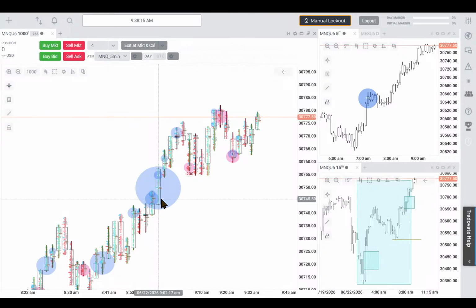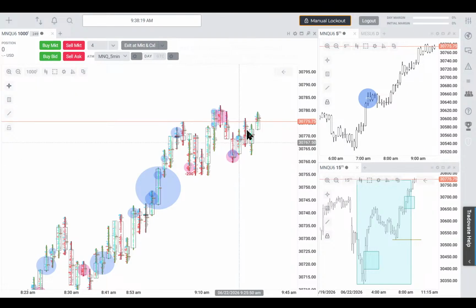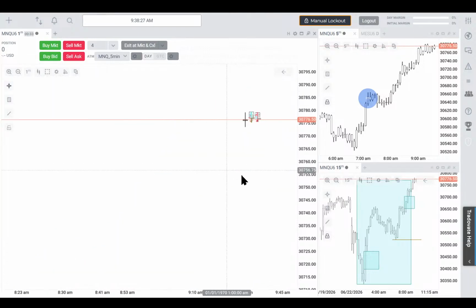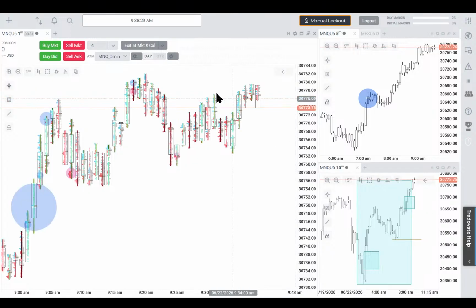Still watching, or you got filled? Watching. But on the tick chart, there's no gap there. On the 1 minute chart, we closed higher. There's a gap there. Yeah, okay.